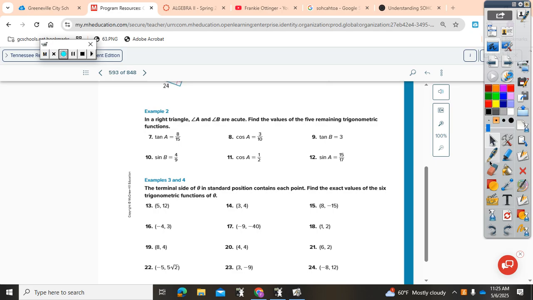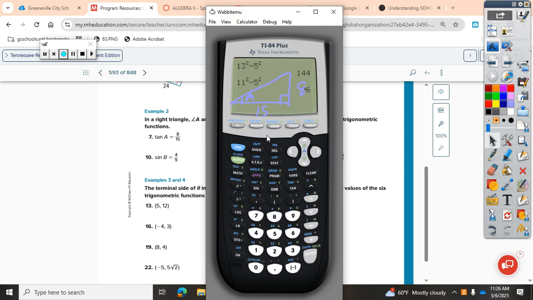Okay, so I'll do 2 more problems, shut it down. Most people seem to think that this was easy when I taught it on Monday. I'm going to do number 7 again. Instead of theta, they have A. And so they give us tangent, which is opposite over adjacent. And so we'll do Pythagorean theorem to find the hypotenuse. So that's 15 squared plus 8 squared this time.